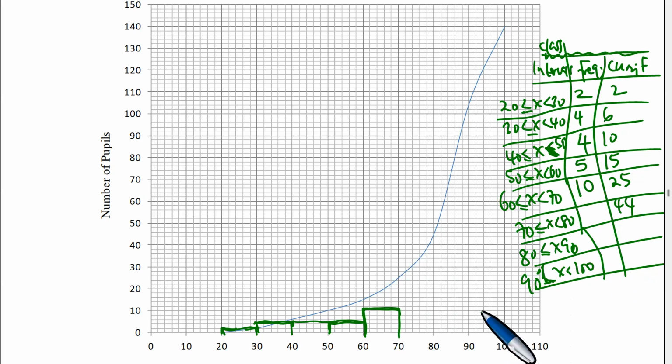That is 70 to 80. About 19. If you add 19 plus that, you have 25 together with 19. So between 70 and 80, you are at 19. You have that.